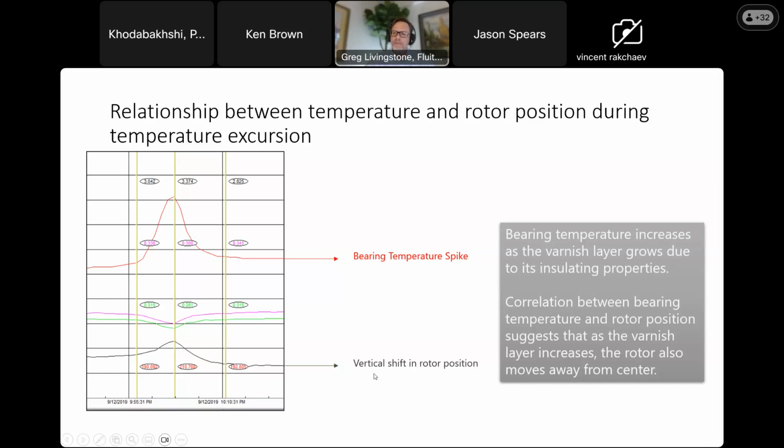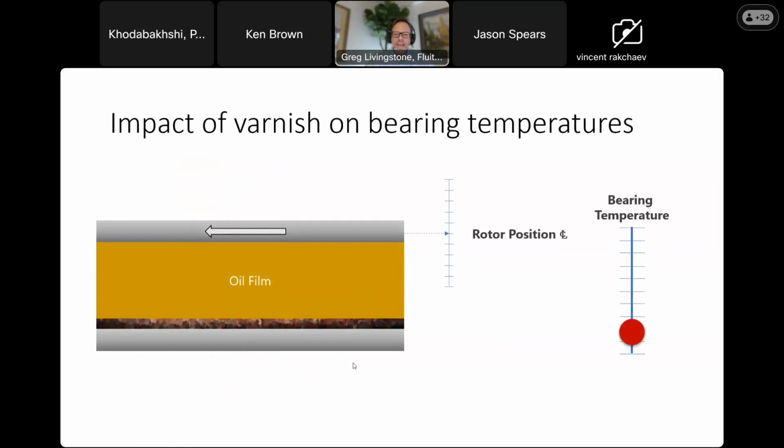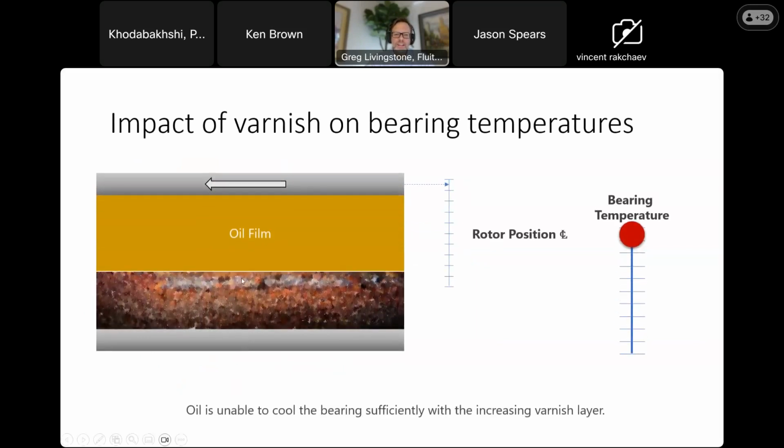We've seen this in many cases. Essentially, I think what we're seeing here is, if we imagine our oil film, as this varnish layer increases, it actually can push the whole rotor up very slightly. So the rotor can move, and then the bearing temperature correspondingly goes up.